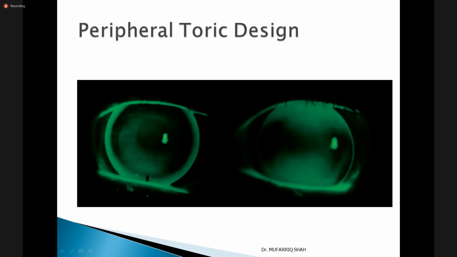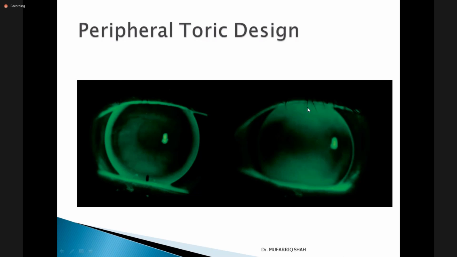Now here, on the right side, can you see at 3 o'clock and 9 o'clock? The edge lift is a bit steeper, or you can even say it is normal, but at 12 o'clock and 6 o'clock, pooling is much greater.